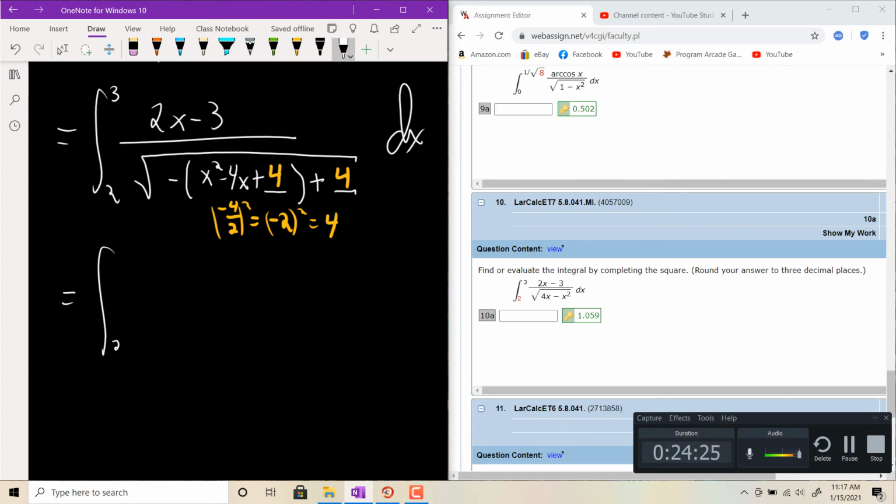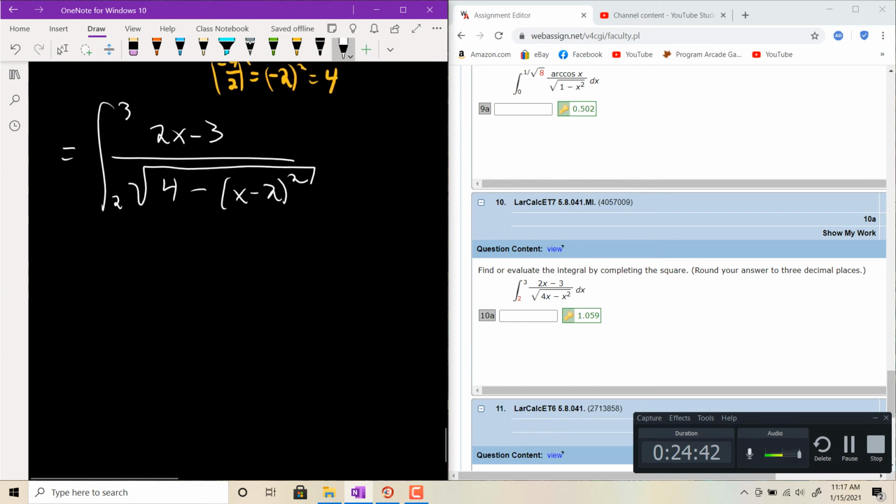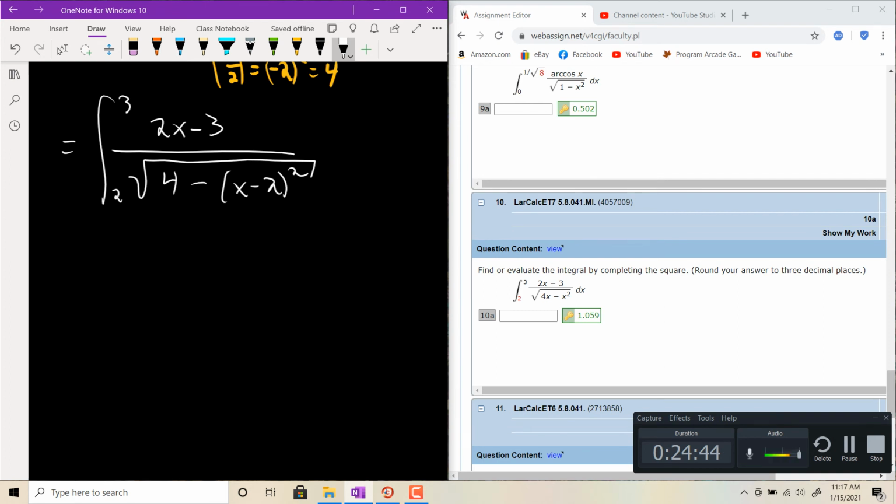So I have the integral from 2 to 3 of (2x minus 3) all over, and rewriting a bit, the square root of 4 minus (x minus 2) squared. And now, at least that denominator is going to be kind of our sine inverse. We're still going to have some more work to do, right? Because on top of everything else, we have to split this up, so I need to turn this into 2 integrals.